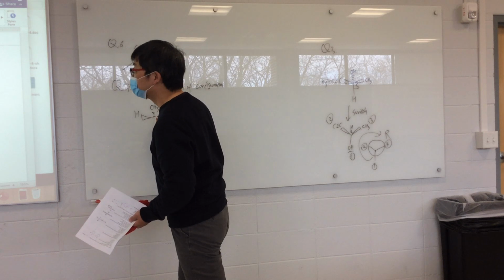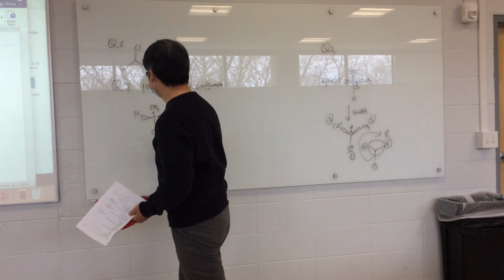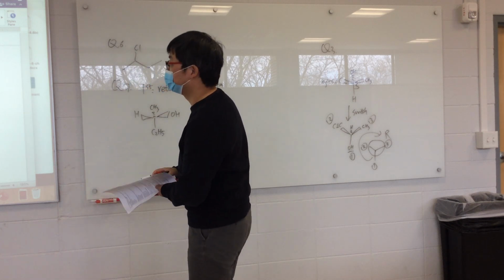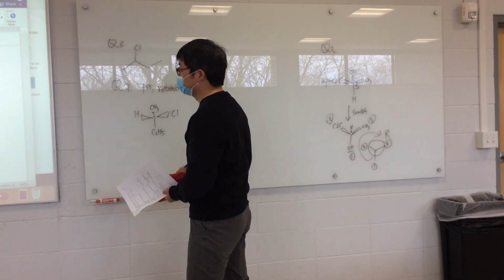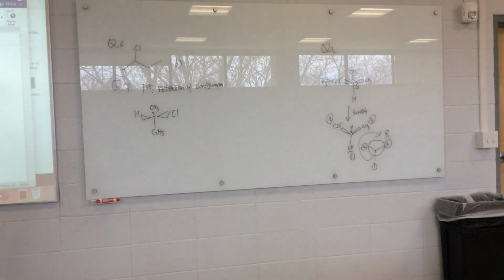In the first step, this will be replaced by chlorine. So you pay attention, it's not drawn this way. Why? Because this is down, then these two must be up.